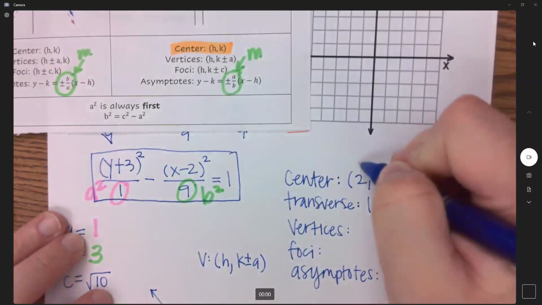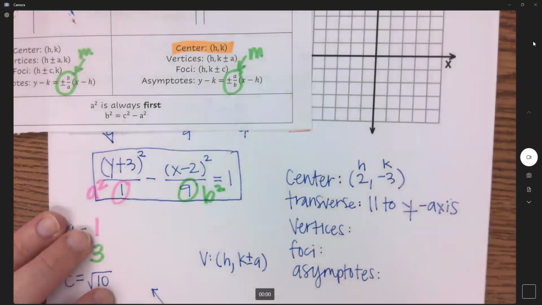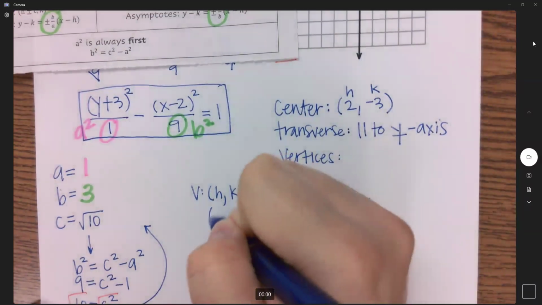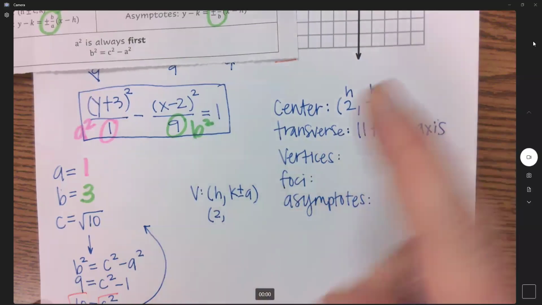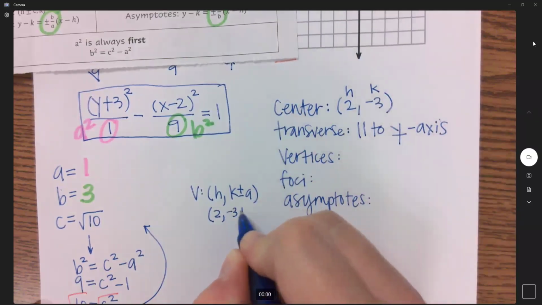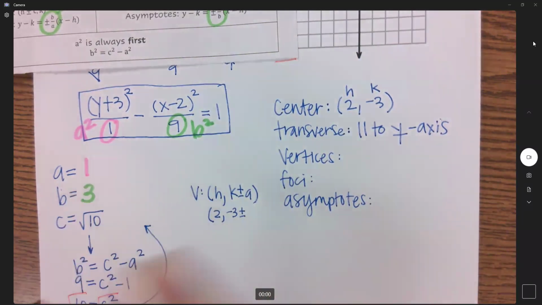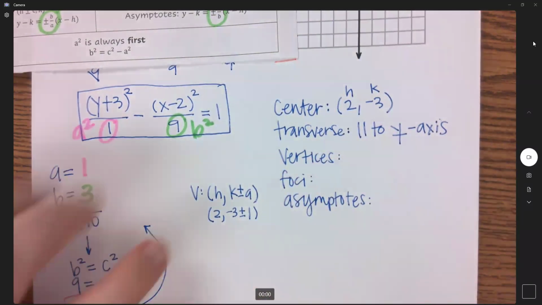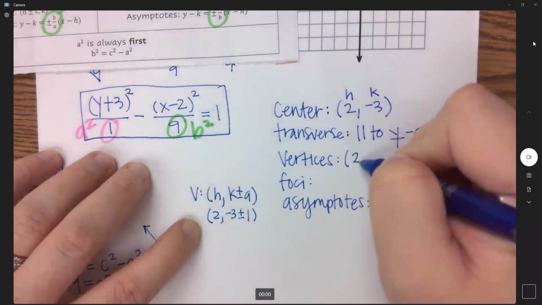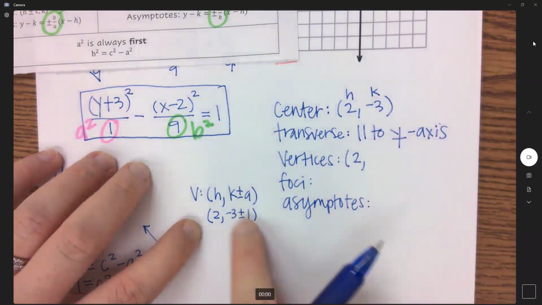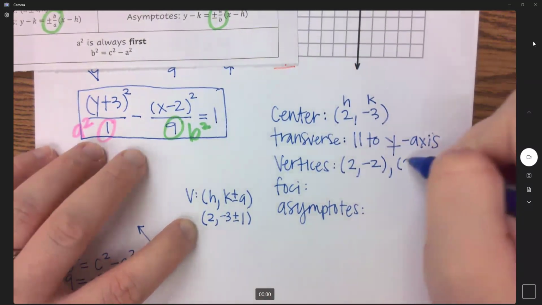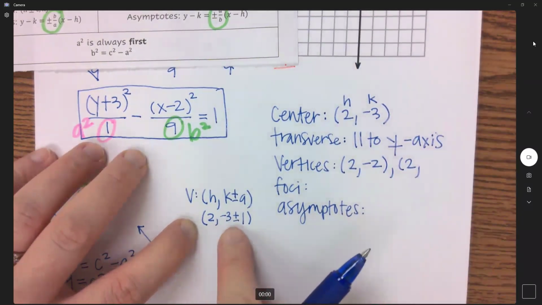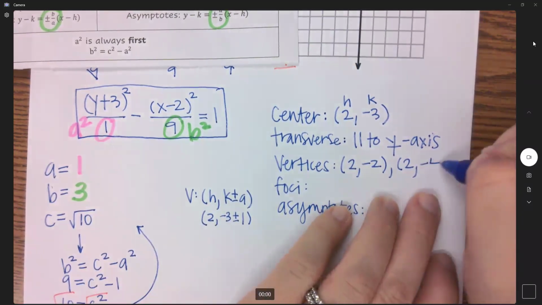So here is my h and my k. So plug in all these things. H is 2, comma, k is -3, plus or minus my a of 1. So my vertices are going to be 2, comma, -3 plus 1 is -2, and 2, comma, -3 minus 1 will give me -4.